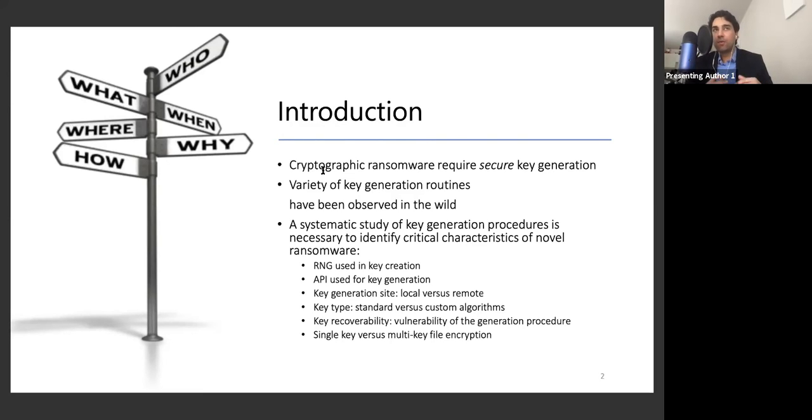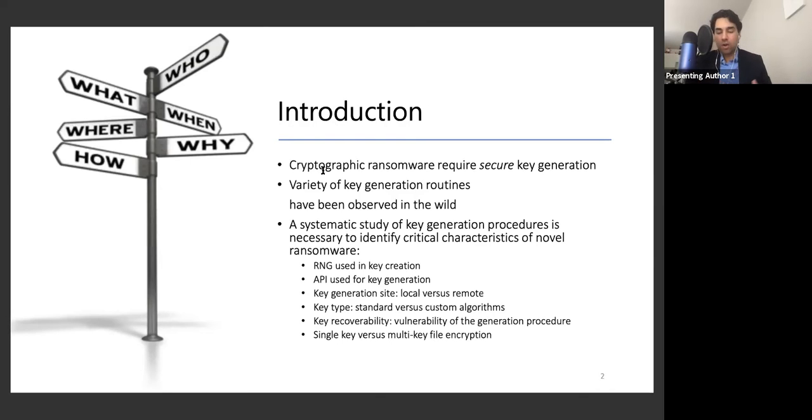And the motivation behind this talk is to understand critical characteristics of key generation in novel ransomware. So when a new ransomware hits, analysts are looking to quickly discover if there's any potential backdoors using which they can provide the victims access to cryptographic keys such that paying the ransom is not necessary.